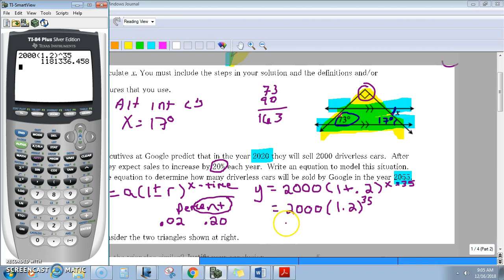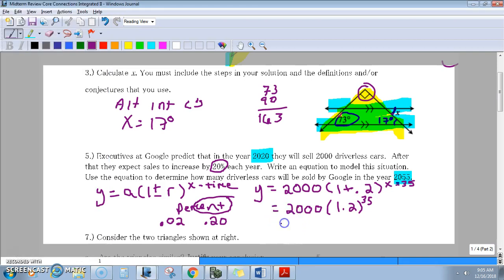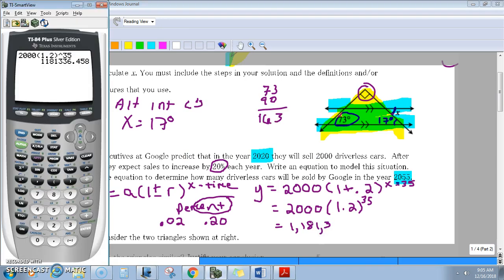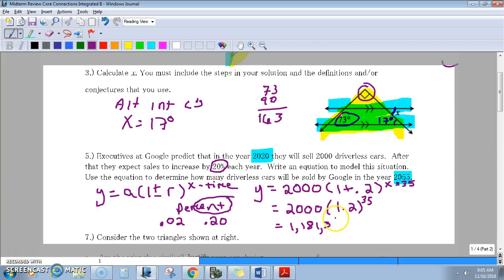1,181,336. But I'm just going to leave it at 336 because you can't have a part of a car, right?